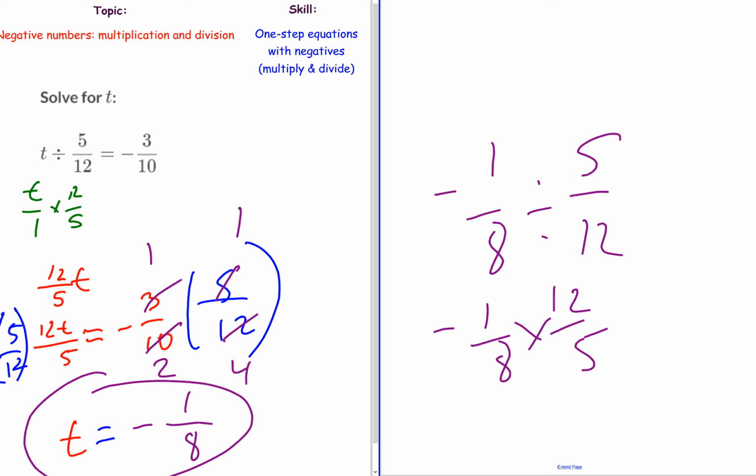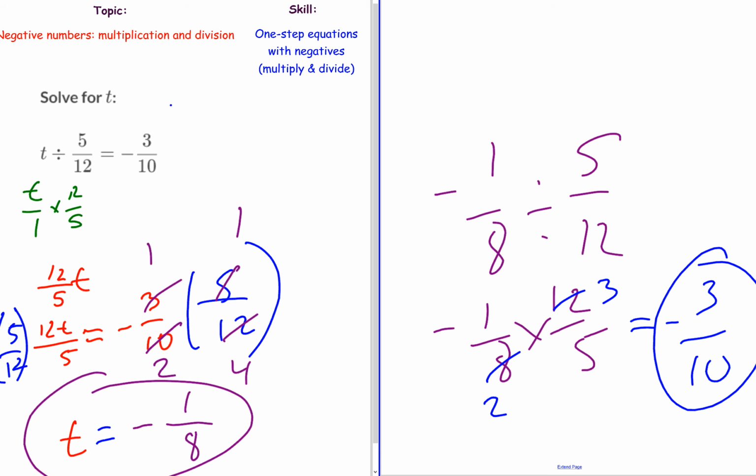So negative 1/8 times 12/5. Can I simplify anything before I multiply? Absolutely. The 8 and 12 simplify. 4 goes into 8 twice. 4 goes into 12 3 times. All right. This is a negative right here times a positive makes the final answer a negative. So the numerator is going to be 1 times 3 is 3. Now, denominator is 2 times 5 is 10. So negative 3/10 is what I get when I check it.